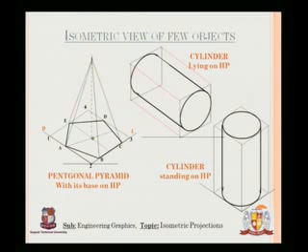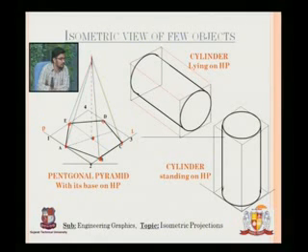This is a pentagonal pyramid with its base on HP. First of all, this is a pentagon, A, B, C, D to E. This is the center of the pentagon, from which a line has been erected perpendicular to the plane.